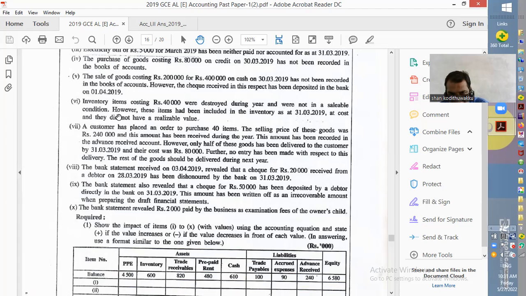Actually, that's a real loss. Because of the loss, it will reduce equity. Then we have deducted 40,000 from inventory. Why? They got destroyed. As it is a loss, the loss will reduce equity. Therefore, minus 40 under equity.